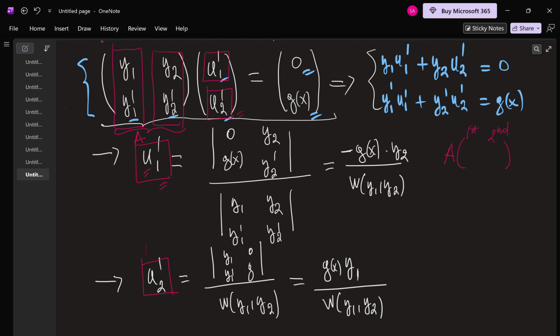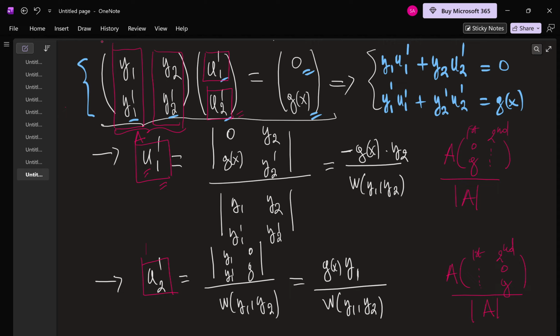To find u1 prime, in the first column we replace with 0 and g, and we leave the other as it is. And when we look for u2 prime, here we have A, the first column and the second column. We replace the second column by 0 and g and we leave the first column as it is. Then we divide everything by the determinant of the matrix A.